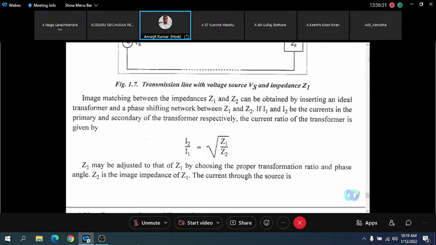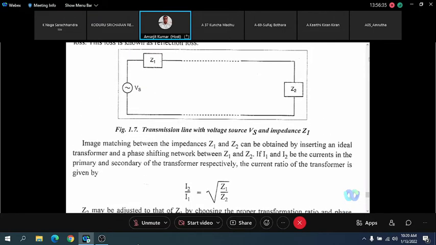I2 upon I1 will be equal to root Z1 upon Z2. So Z1 upon Z2 for the transformer is equal to I2 upon I1 whole square. And for matching the phase between Z1 and Z2, we are using a phase shifting network, a phase shifter, which can shift the phase from the phase of Z1 to the phase of Z2.